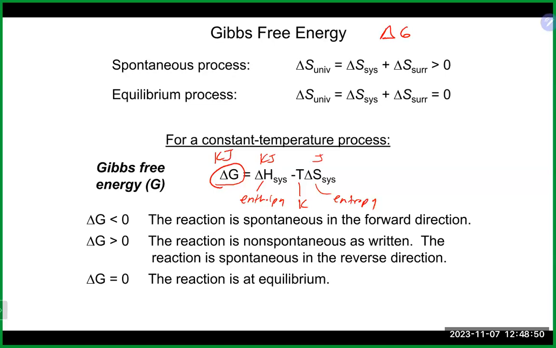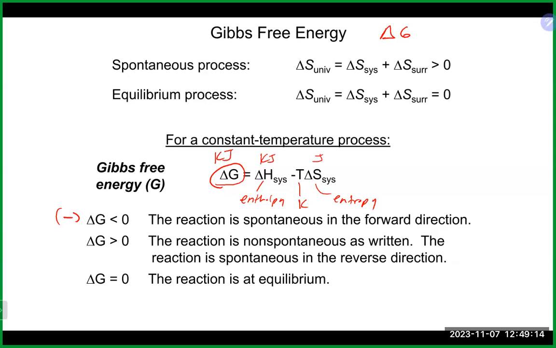One of the nice things about delta G is you could use the value of delta G to determine whether or not a reaction will be spontaneous. If you calculate delta G and get a negative value, that means this reaction, the way it is written, is going to be spontaneous and head in the forward direction, from reactants to products.